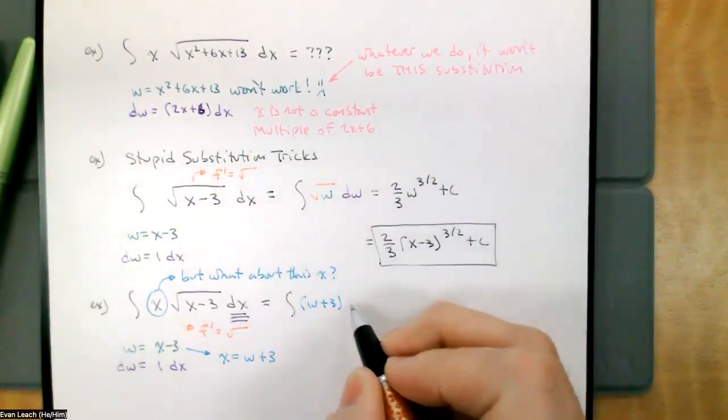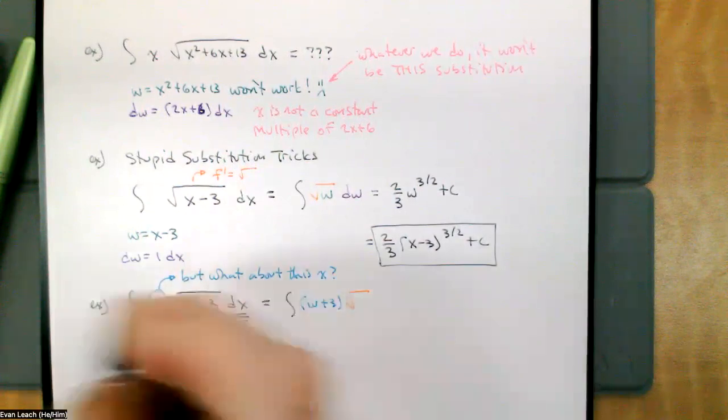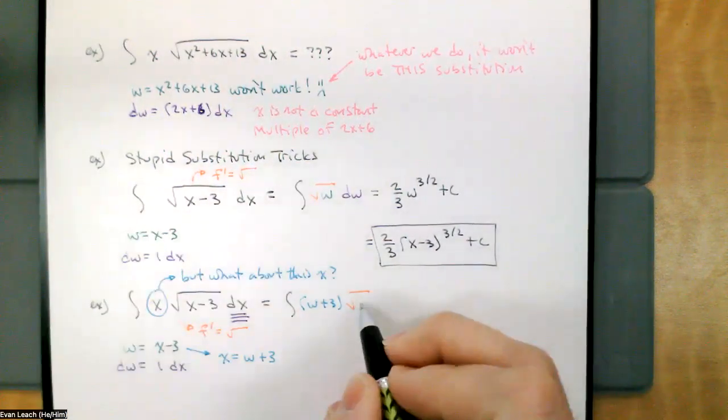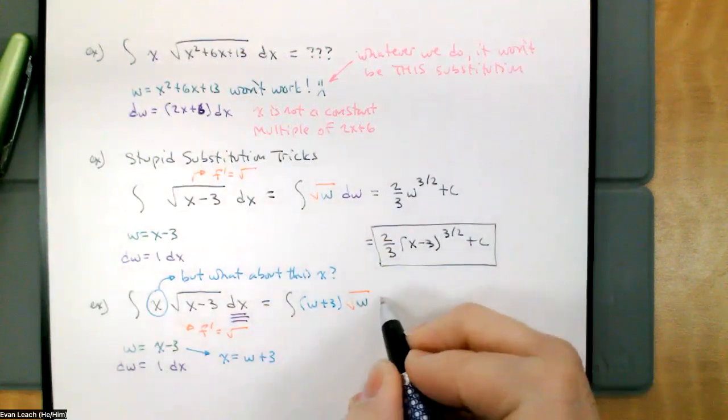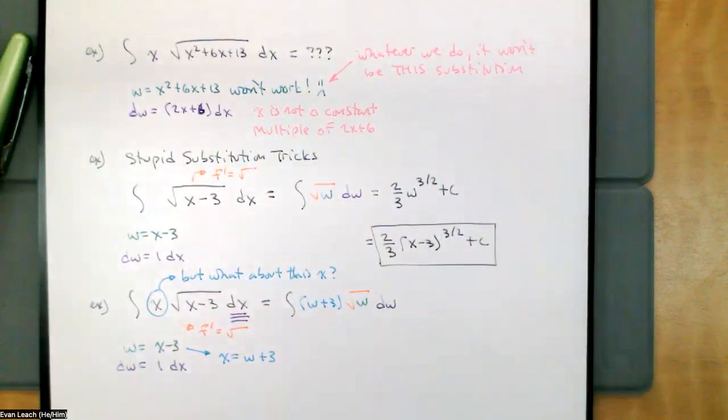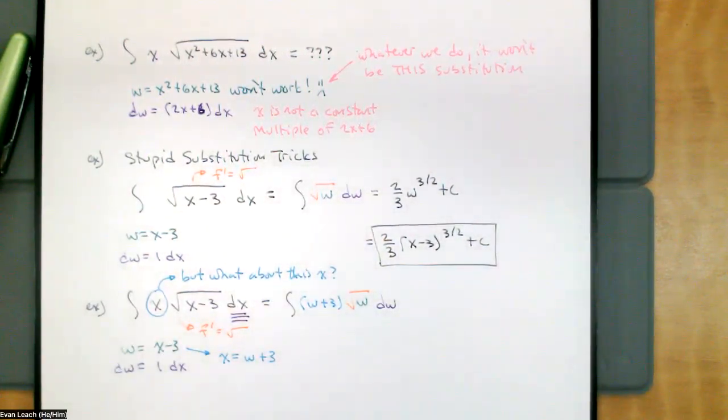The square root of x minus 3 becomes a square root of W. My dx gets traded for a dW. And we've finished our lateral shift, our horizontal shift. Take everything, move it 3 units left.